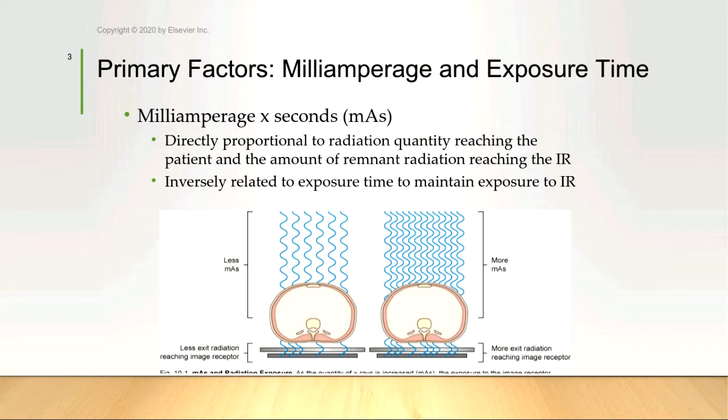So when we start off looking at this, they start off looking at the primary factors, and typically the primary exposure factors are things that we select on the control panel.